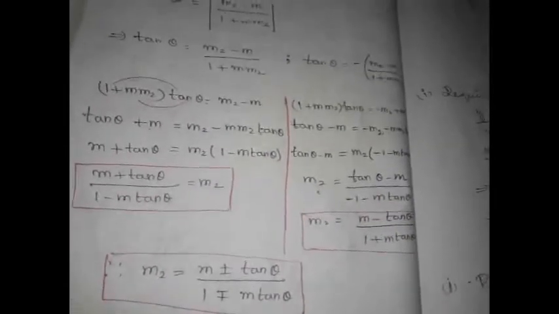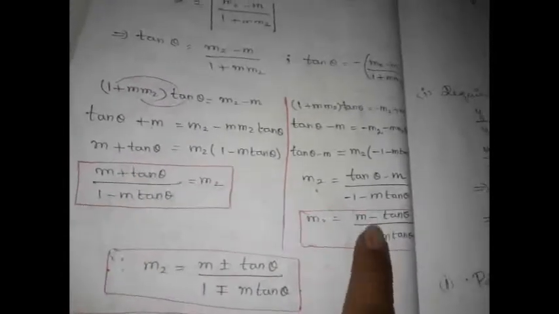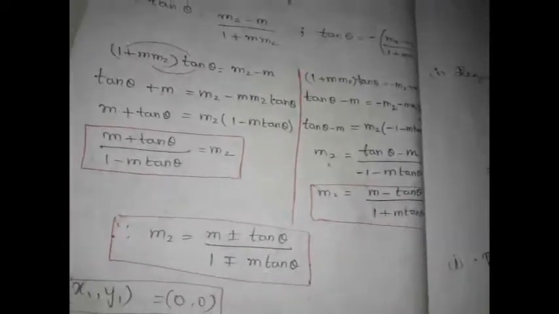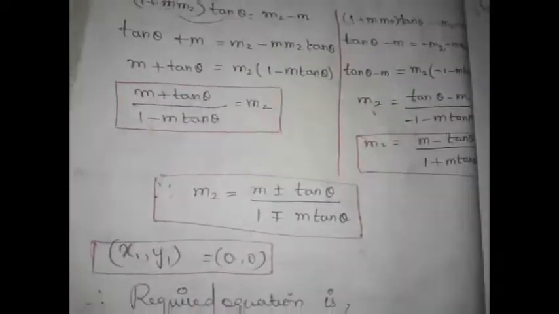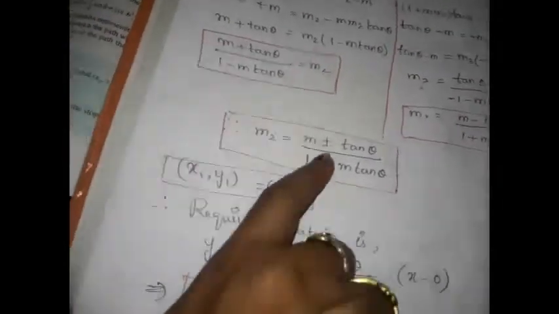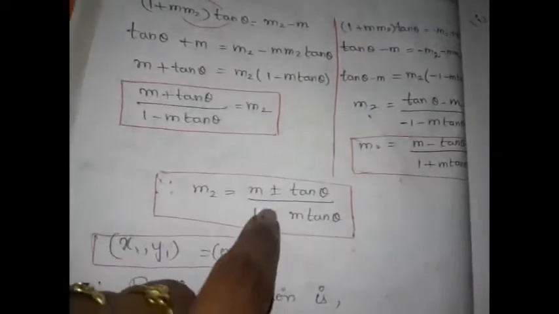So in general, we can write the m2 value as m plus or minus tan theta divided by 1 minus or plus m tan theta. When we write minus or plus, we give first preference to minus. So when we take plus here, we will take minus here.